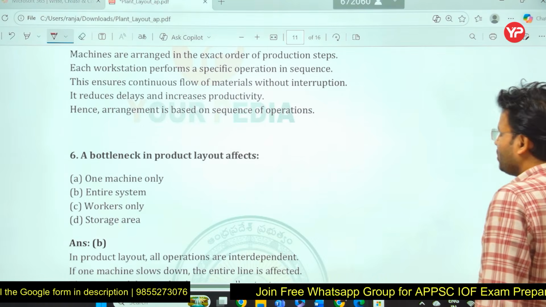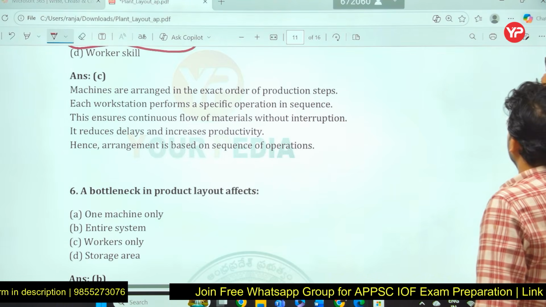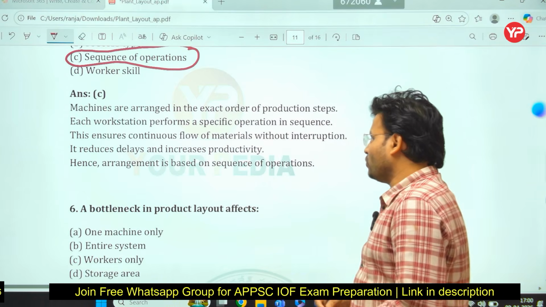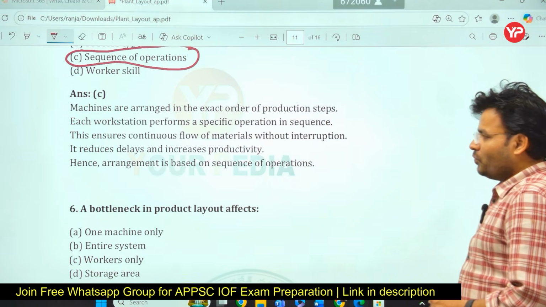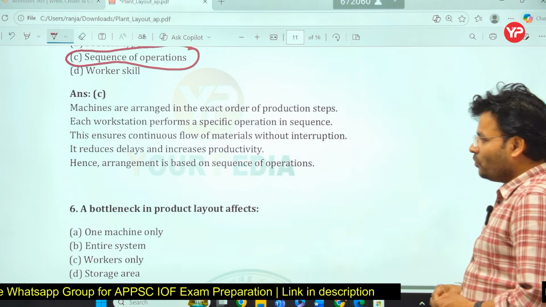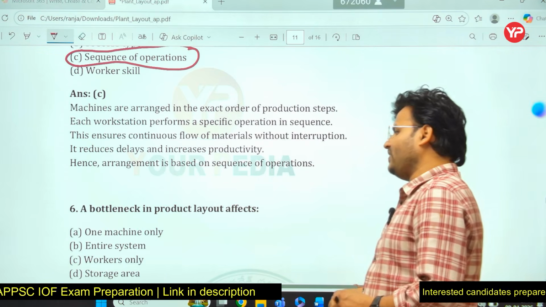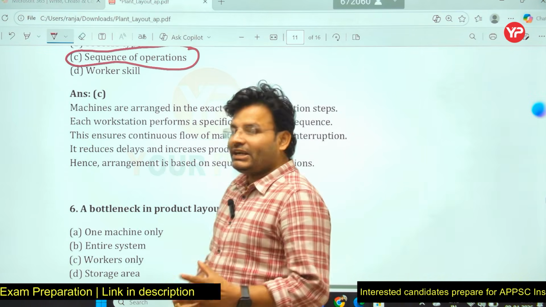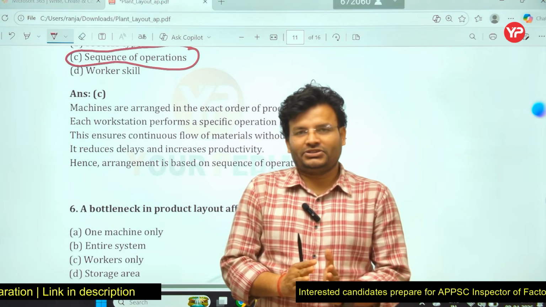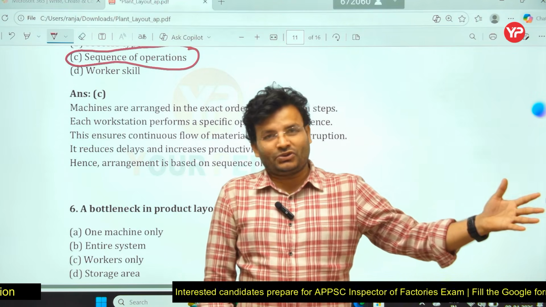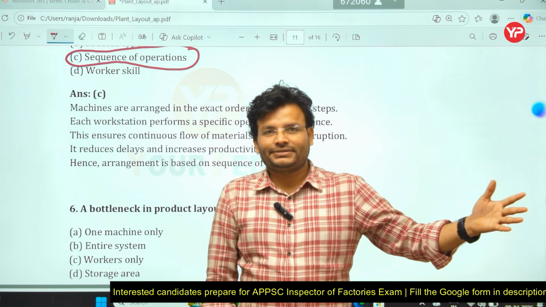Question number 6 on your screen, all options came now. Answer that. A bottleneck in product layout affects one machine only, entire system, worker only, or storage area. Entire system, because once work is not completed, before that another work you cannot start, right?